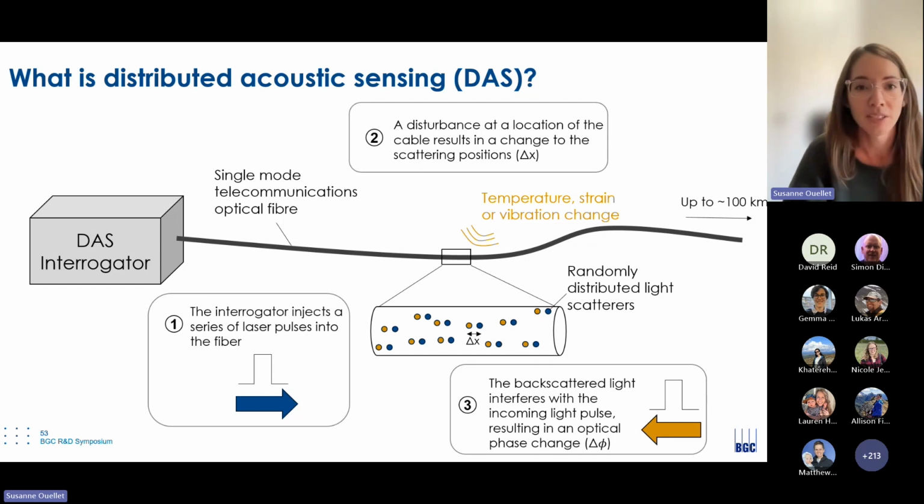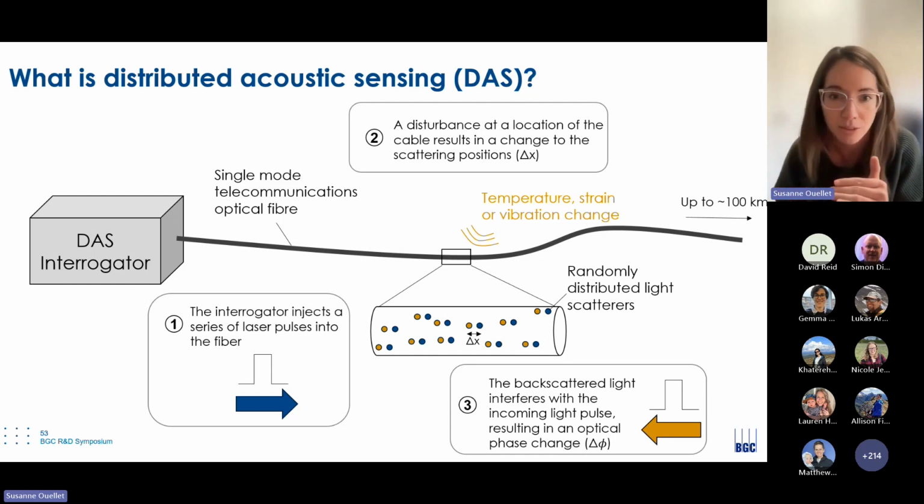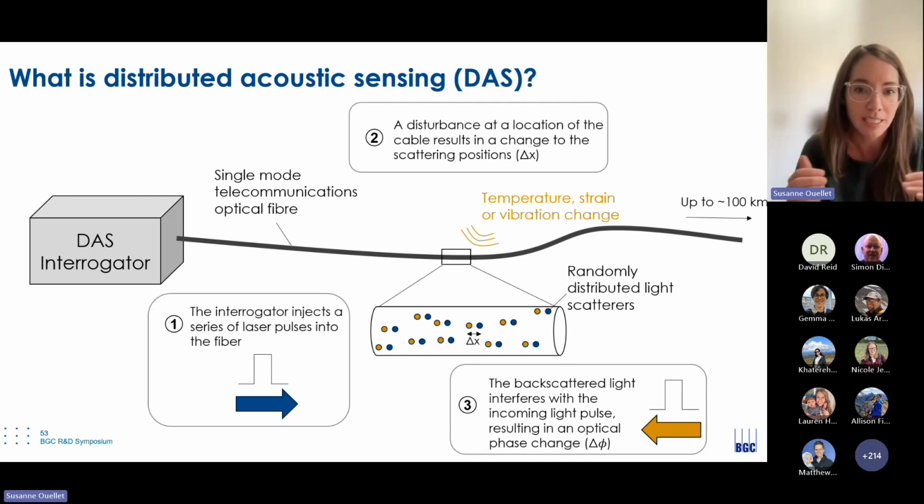If there's a disturbance at any location along the cable, this will result in a change in the scattering positions that are inherent in that optical fiber. That scattering will then cause the incoming laser pulse to interfere in a different way, and this will result in an optical phase change.